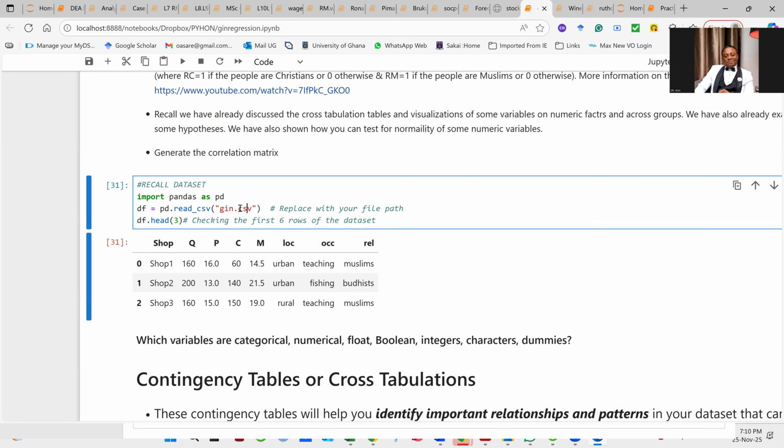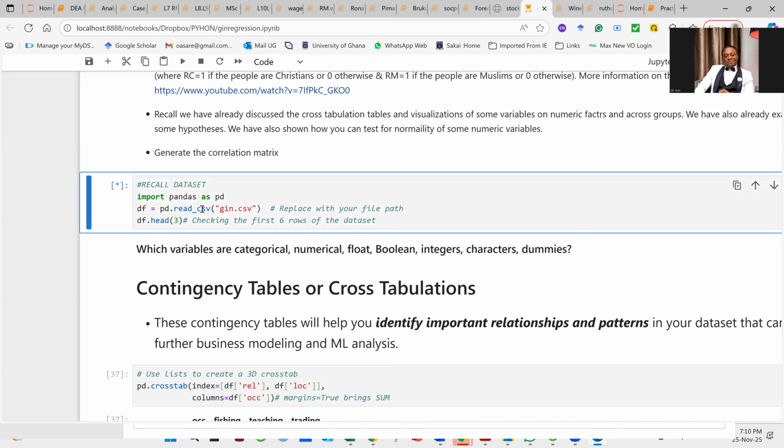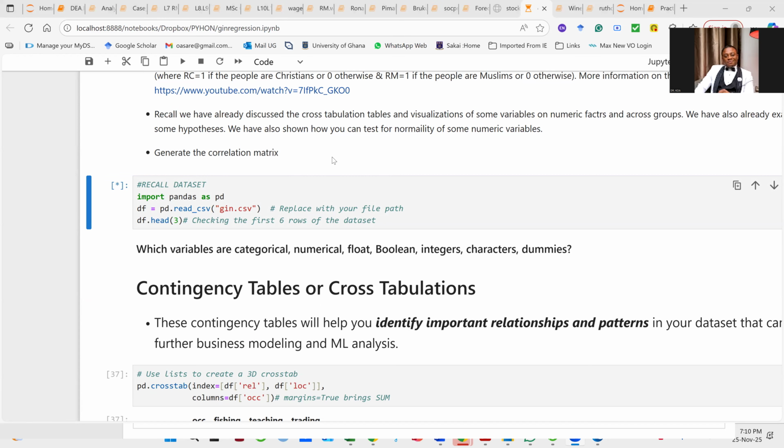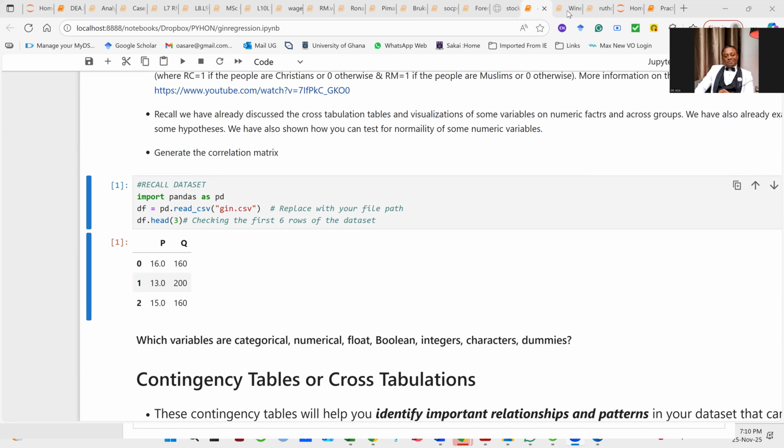You can find it wherever it is. All right, so now we're going to run this to show the top part of the data. I just did. Okay, so it's loading. Okay, so you can see that my data is showing something here.